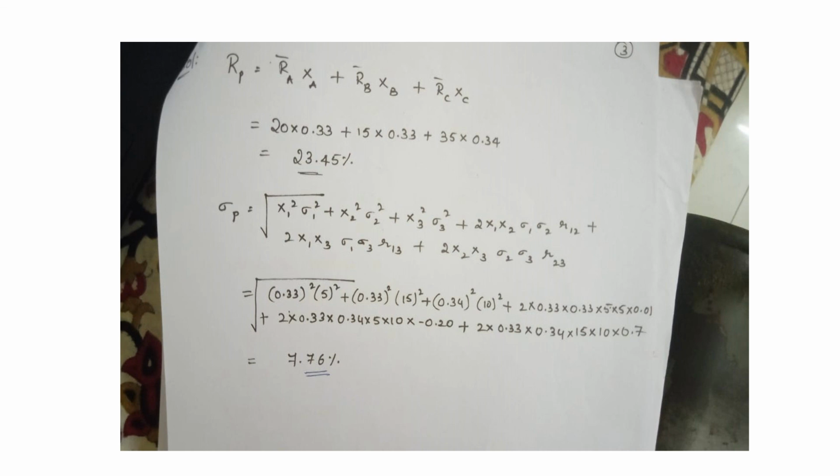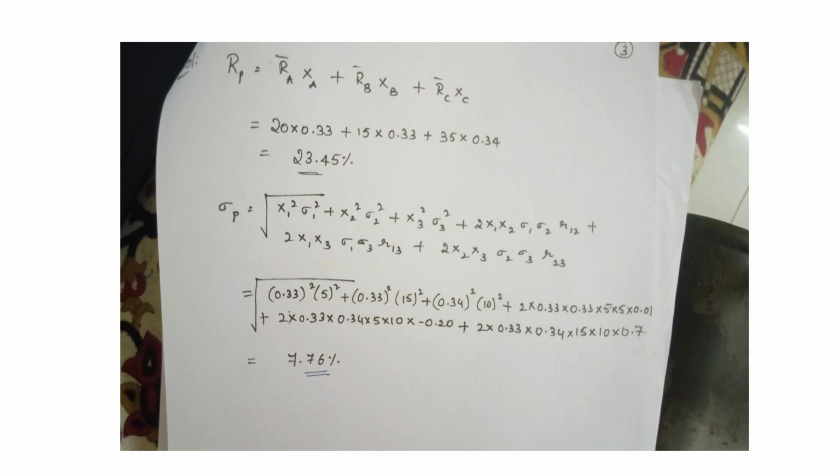Then the calculation of risk. Risk is denoted by standard deviation. So sigma p is equal to the square root of, you have to use this formula. Then substitute the values here. The thing is you have to square it. So for the first stock it is 0.33 the whole square into the standard deviation 5 the whole square.